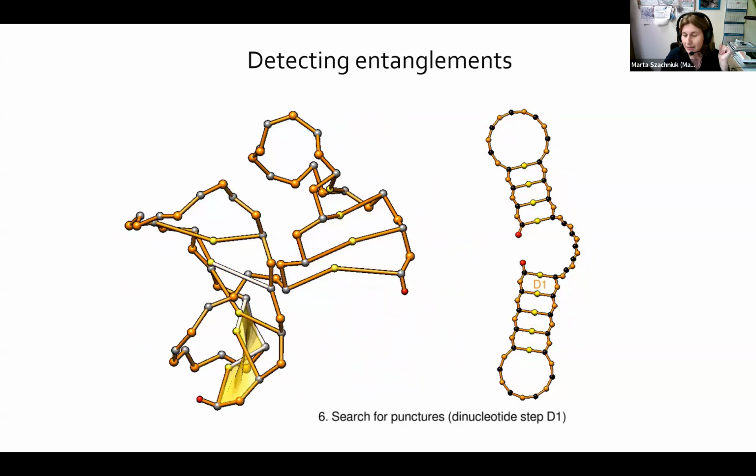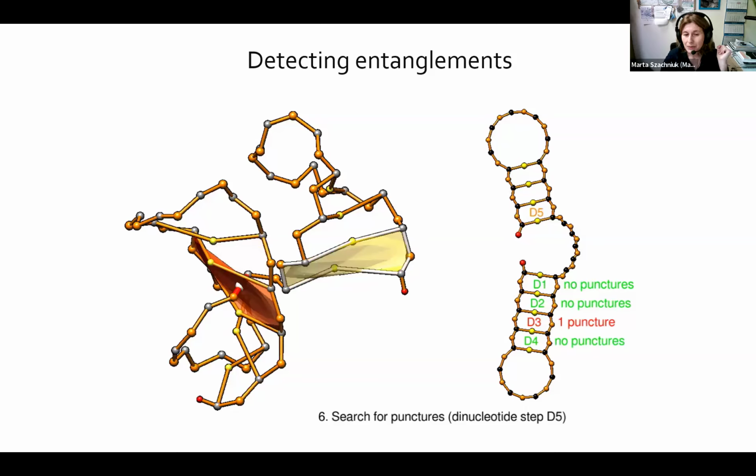Then we obtain closed polygons, and we triangulate each polygon, and we run the algorithm, called the Möller algorithm, that searches for punctures in a polygon.